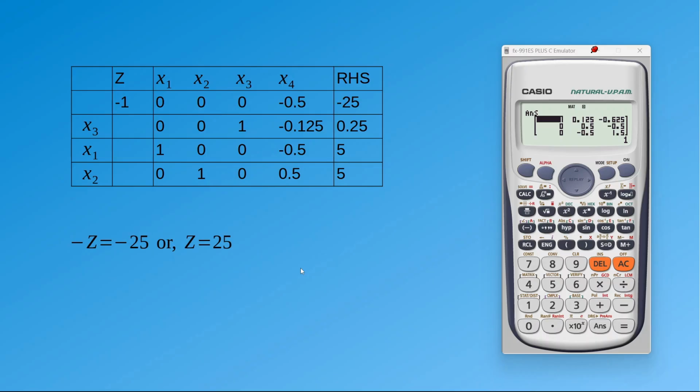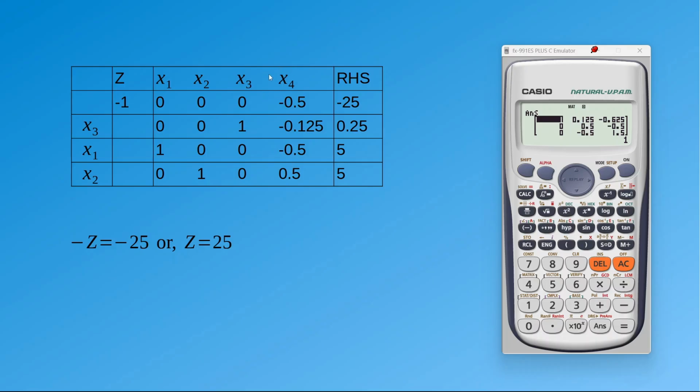And there we are. Once we have done this, what do we find? We find that all the coefficients in row 0 are 0 except for x4, which is minus 0.5. Remember one thing, this is a maximization problem. Whenever we choose an entering basic variable, we are increasing that particular variable.